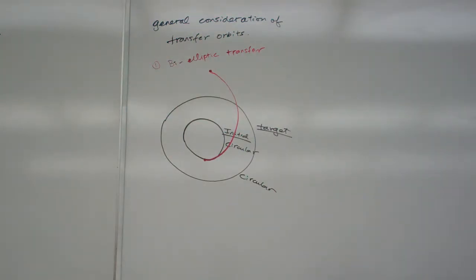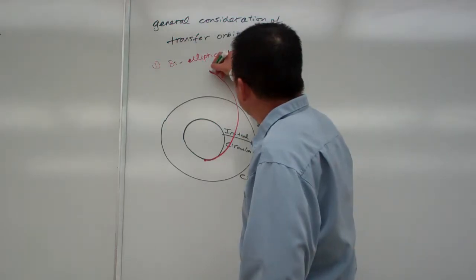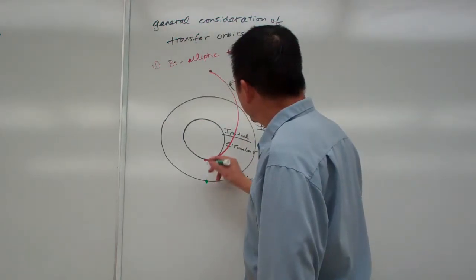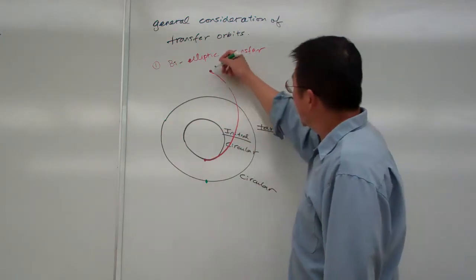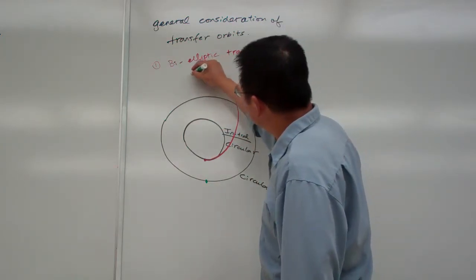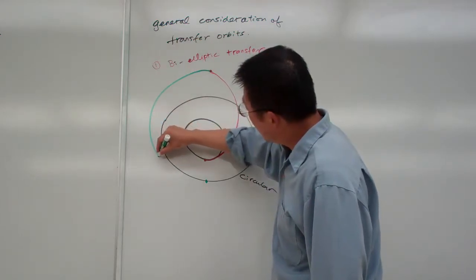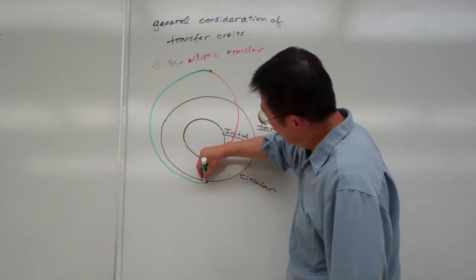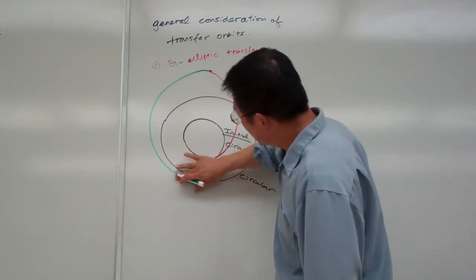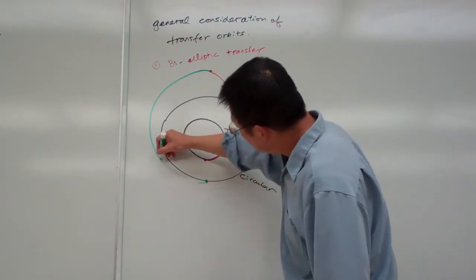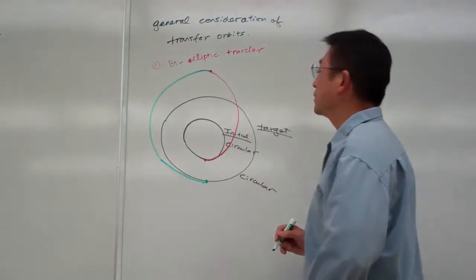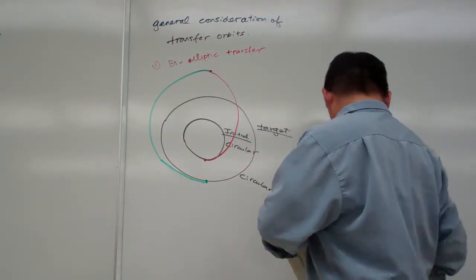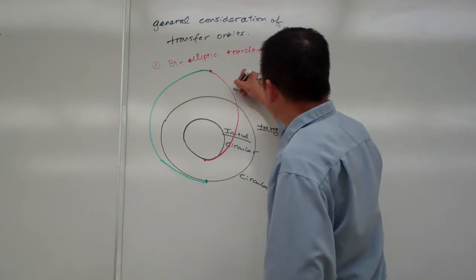Then from here, using this point and this point, the three points are basically aligned, and we use another half of the transfer elliptic orbit. The joint should be tangent here. So both are elliptic.